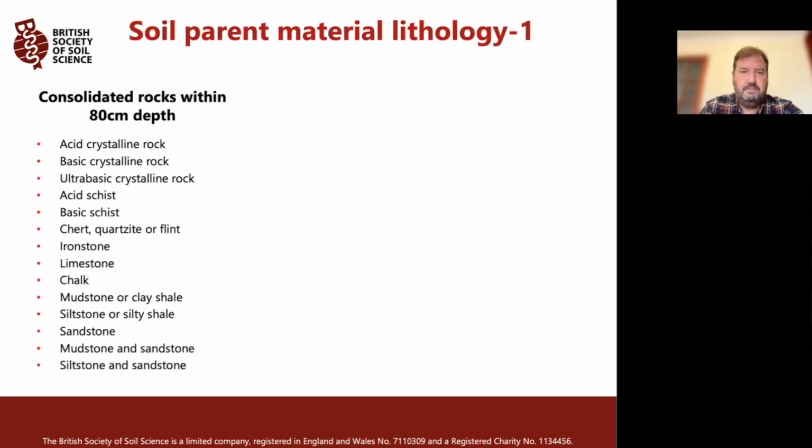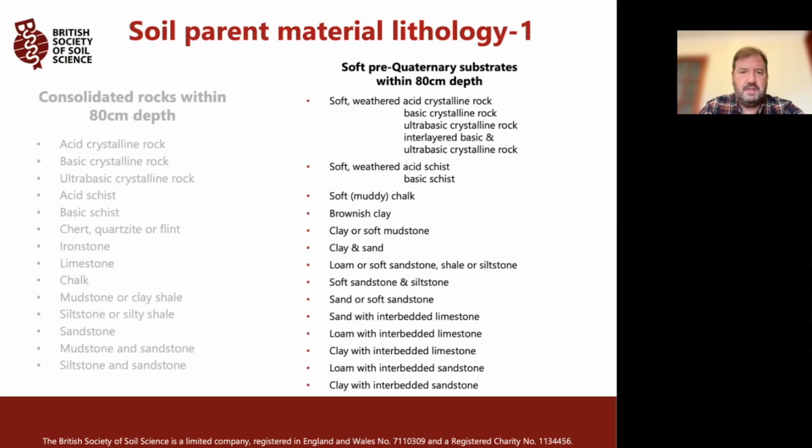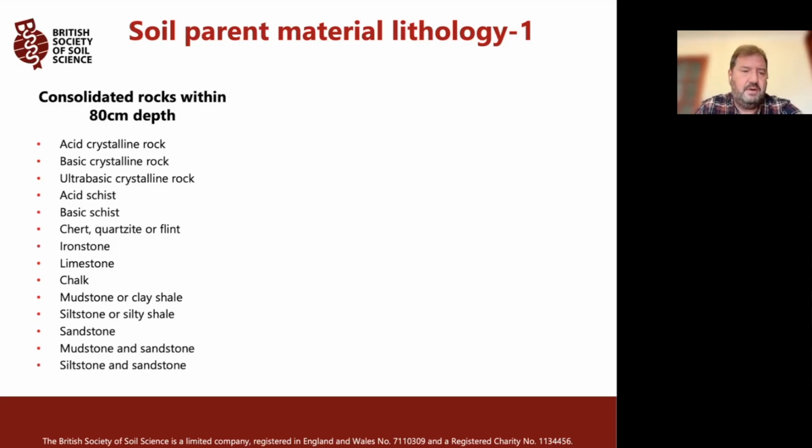And I'm just going to bring this up. There we are. So effectively, these are the types of lithologies that we may consider. Consolidated rocks within 80 centimeters. So again, that's the parent material, looking at all the different types of rock that we may have there.